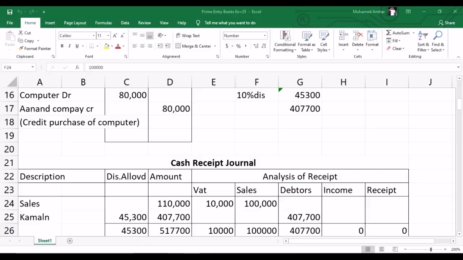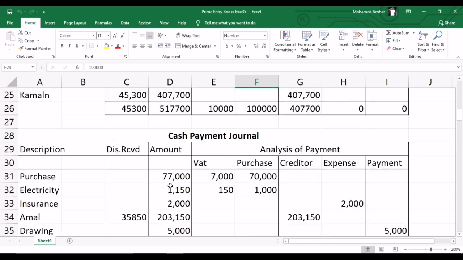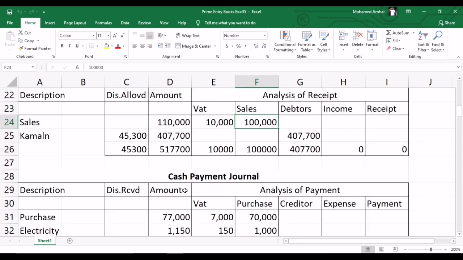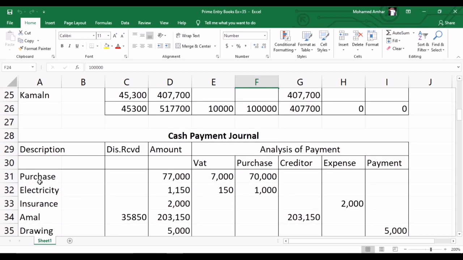So go to your worksheet and open a cash payment journal. Under that, write purchase, amount is 77,000, VAT is 7,000, since it is 10% VAT inclusive. VAT is 7,000, purchase is 70,000.